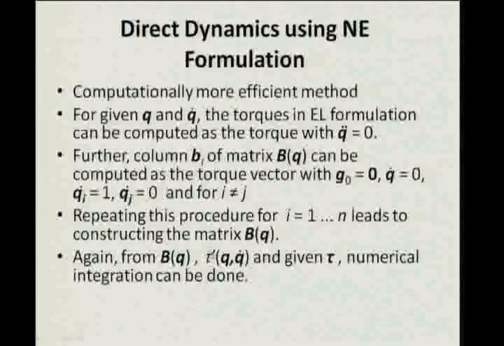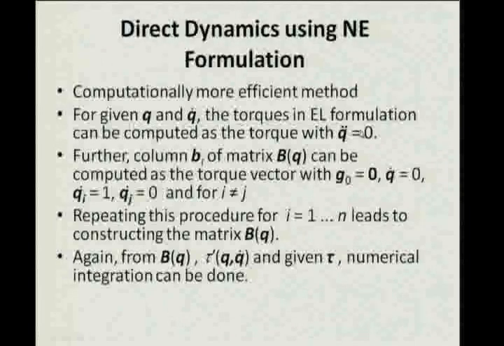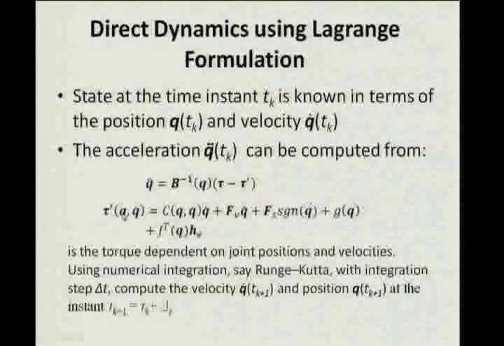Now, where do you get this from? If you go back into this formulation, if q double dot is equal to 0, then in the Euler-Lagrange formulation the matrix Bq does not matter. So, that is this step. This step gives you tau prime of q, q dot, and this step allows you to compute the matrix B. So, you are back to where you were on this page: you know the matrix B, you know the matrix tau prime.